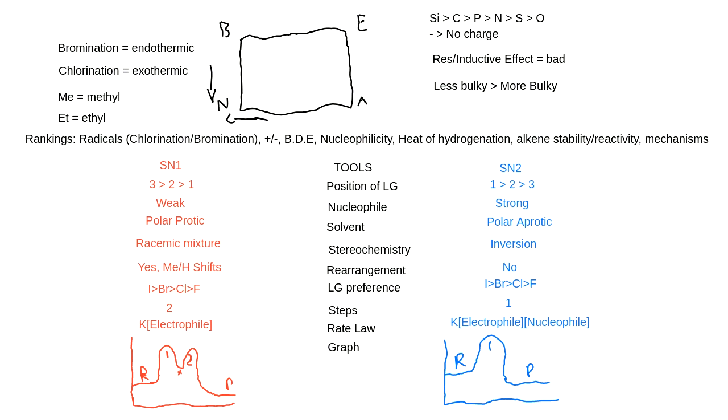Polar protic has these specific solvents. It's usually your methanol, ethanol, some type of alcohol. And of course, it also has water and carboxylic acid.